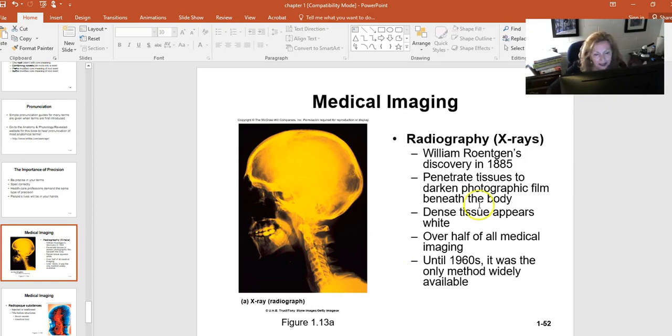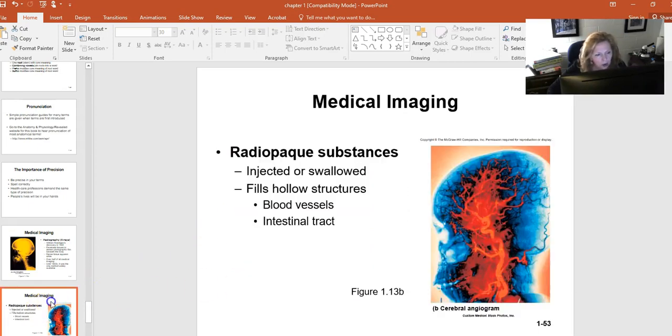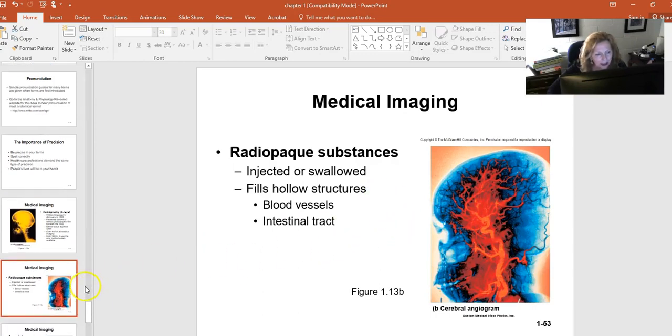As far as this lecture goes, I'm going to go through these kind of quickly, but we do appreciate the medical imaging that's done and how many people that has saved from having open surgeries, right? Exploratory types of surgeries. So x-rays are wonderful. They are flat films that we can see, and certainly for broken bones and that type of thing, they're really important.